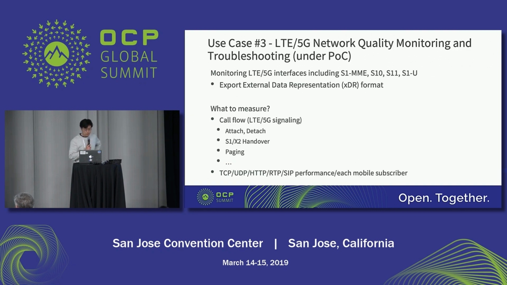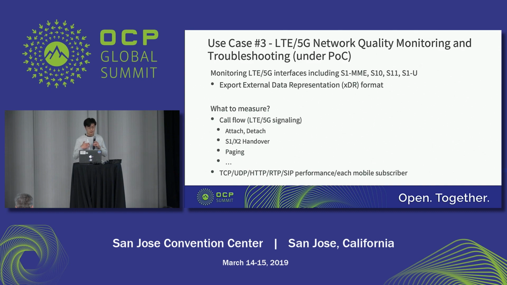The third use case is a currently ongoing project, and TINA is monitoring the LTE and 5G NSA interfaces, including the S1-MME interfaces, S1-U and S10, S11, something like that.